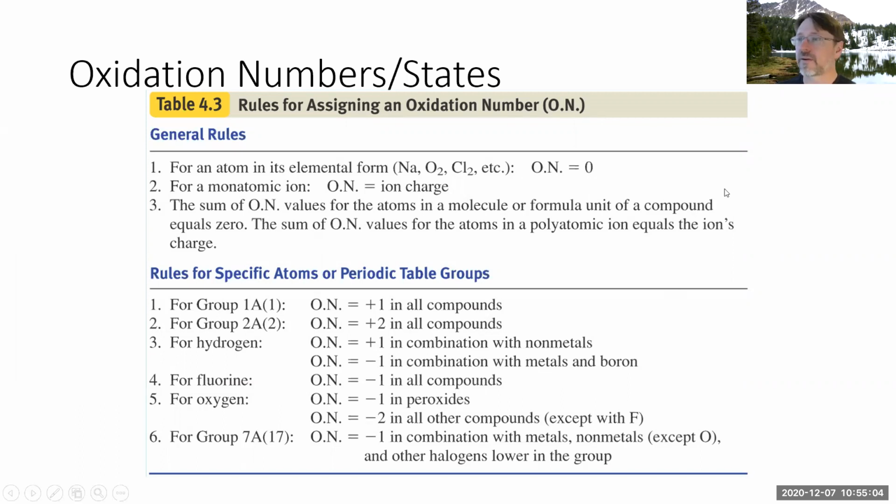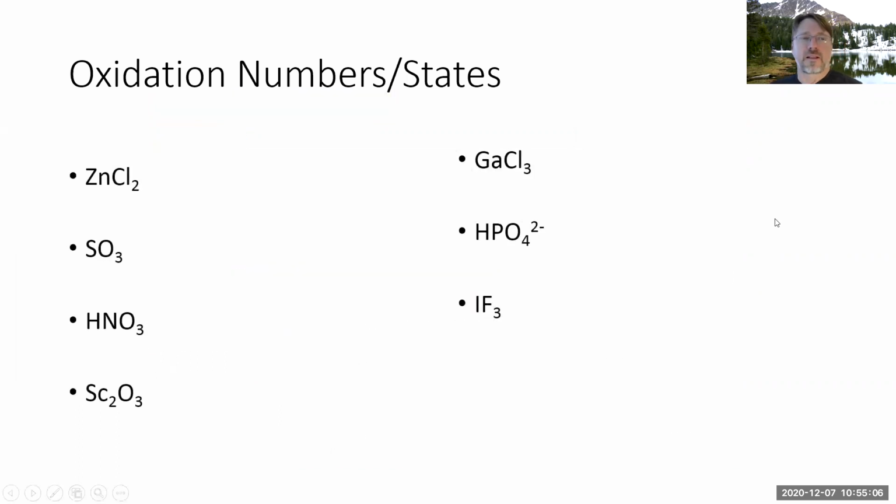All right, so let's do some examples here. We're going to go down in this order, down the column and then down the next column. So ZnCl2. So the formula unit is neutral. Chlorine is a halogen, and so it's going to have a -1 charge for each chlorine, which means figure out what the zinc should be.